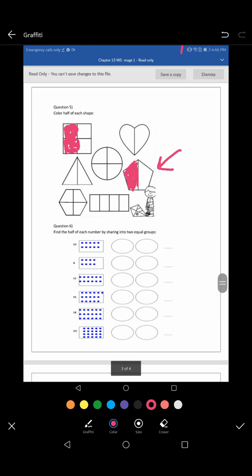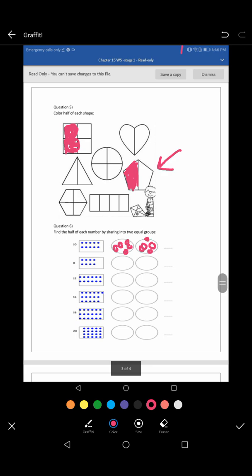Now we are doing it this way. Start putting circles equally. 1 for here, 1 for here, 1 for here, 1 for here. We already shared 4, 5, 6, 7, 8, 9, 10.